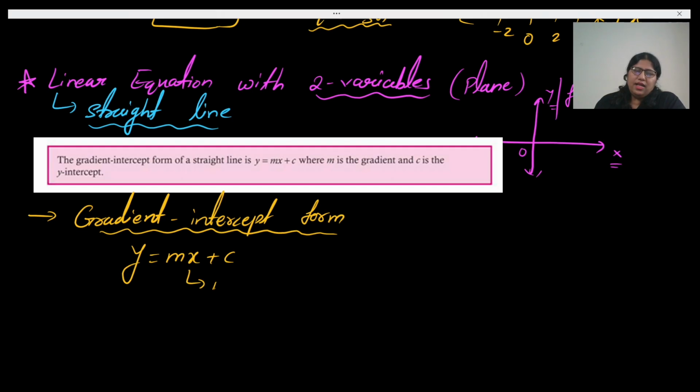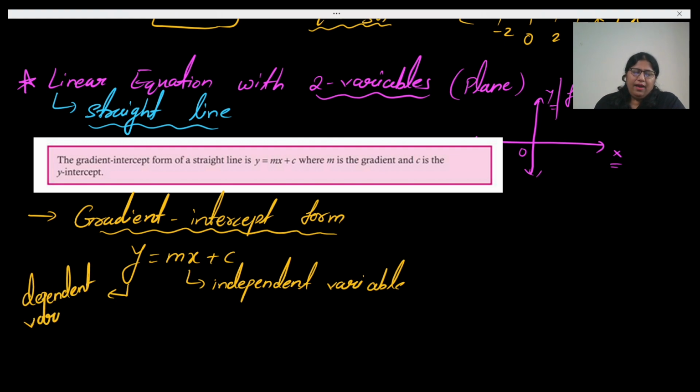Here x is the independent variable, and y is called the dependent variable, dependent on x, right? And what is the m here?